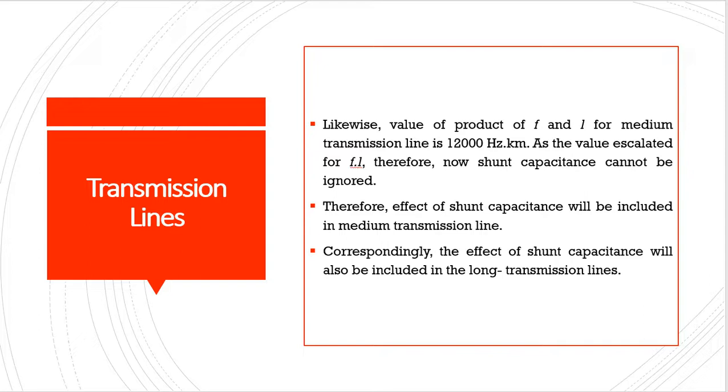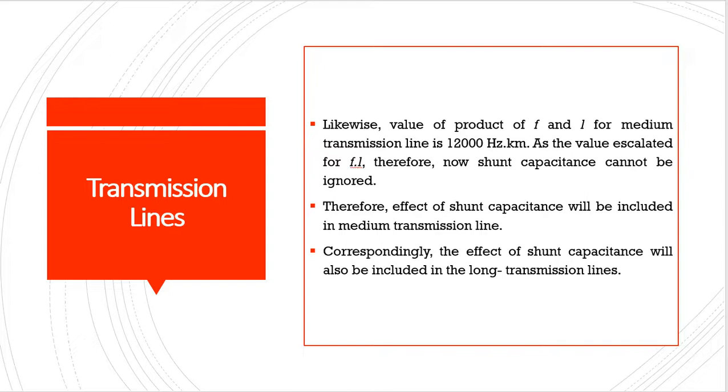I have told you previously that whenever the value of FL is low, we will ignore capacitance. As the value increases, we cannot ignore the shunt capacitance. Therefore, the effect of shunt capacitance will definitely be considered in case of a medium transmission line, right?